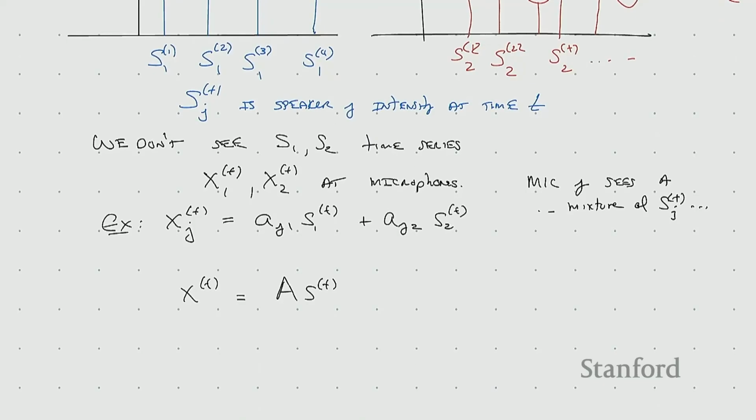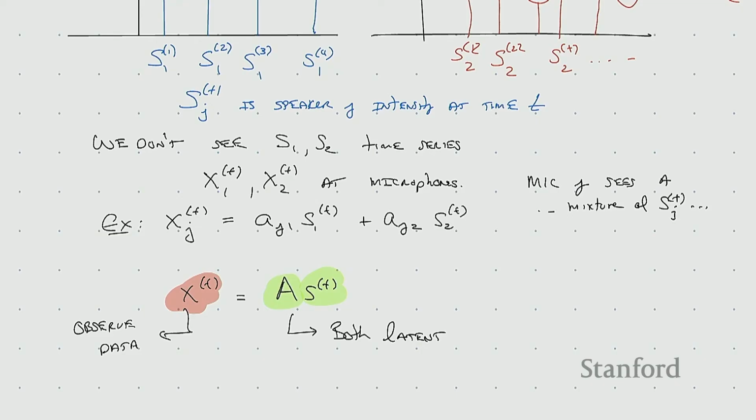All right? Now, what do we know here? This we observe. This is the data. Both of these are latent. We don't know the mixture. We don't know the speaker intensities.